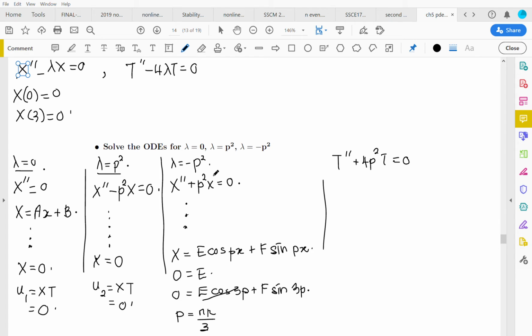Okay, so for the third case, we have to solve equation 40 because the ODE for x leads to a non-zero solution. For the wave equation, this will be the second order ODE. So we solve the characteristic equation, m squared plus 4p squared equal to 0.